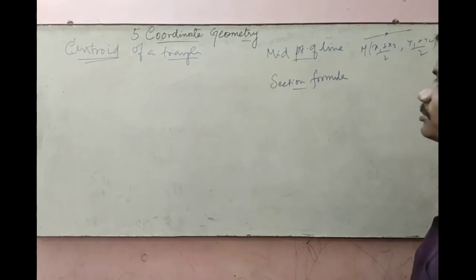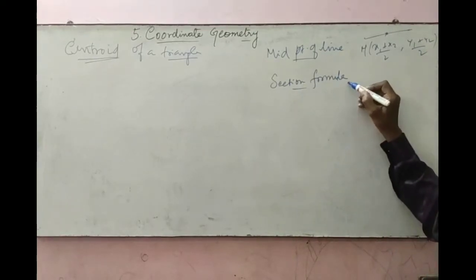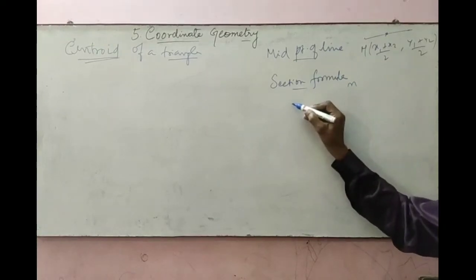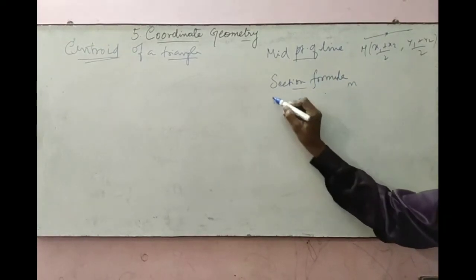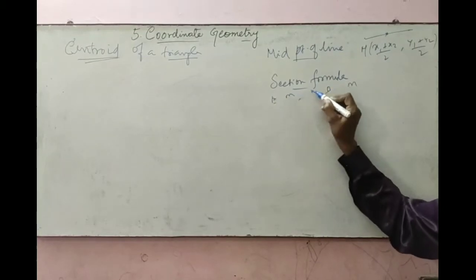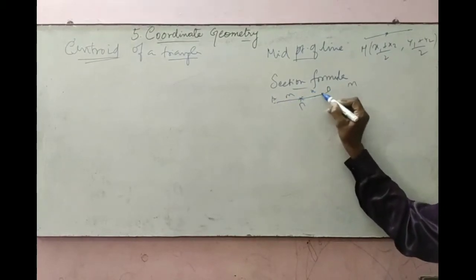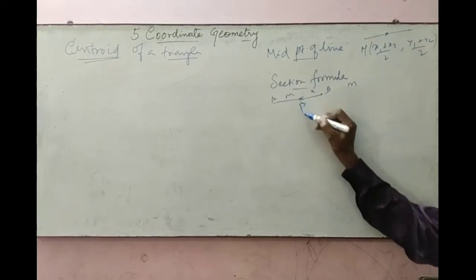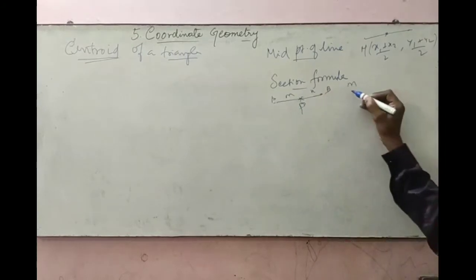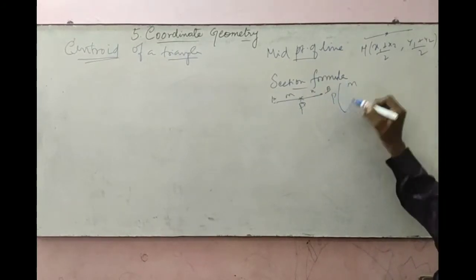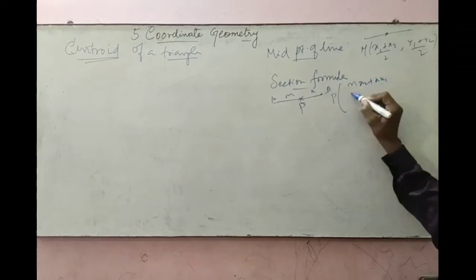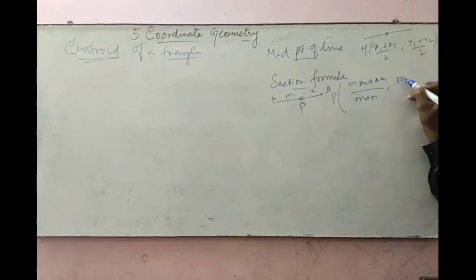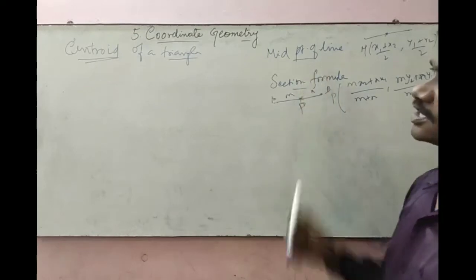And then the section formula: if a point P divides the line segment AB in the ratio m is to n, then to find P we have the formula (mx2 plus nx1) by (m plus n) comma (my2 plus ny1) by (m plus n). These are the two concepts we studied in the last session.